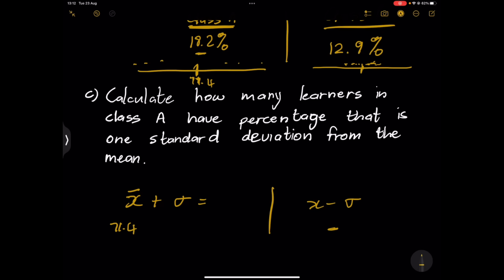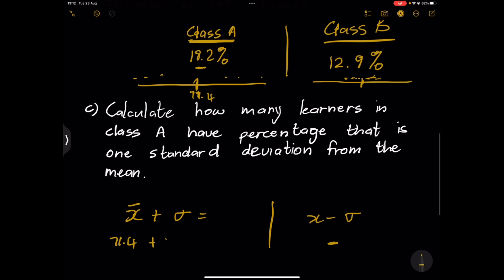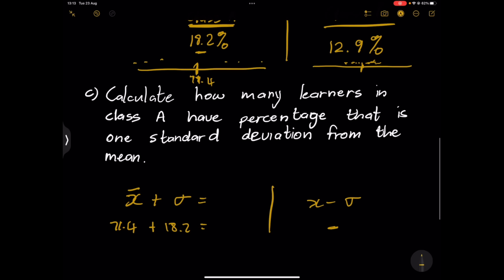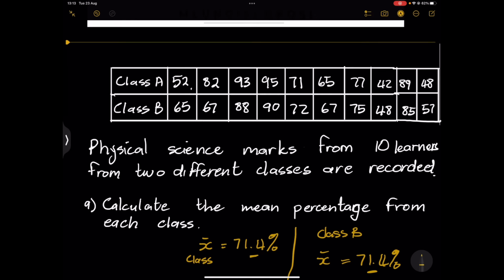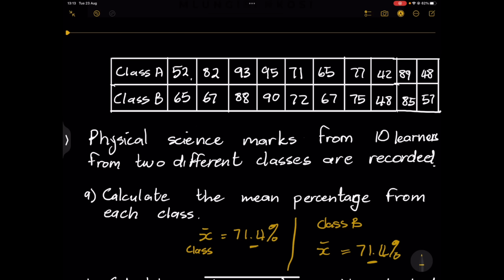So remember our mean value, 71.4, plus, in this case for class A, our standard deviation of 18.2. So let's take that value. That is going to be 89.6%. Let's see, in class A, how many are above 89.6?